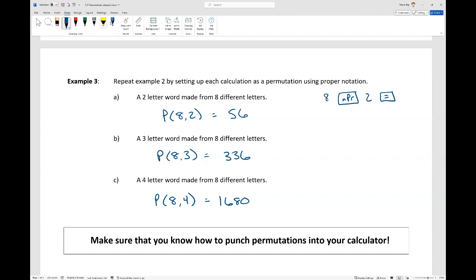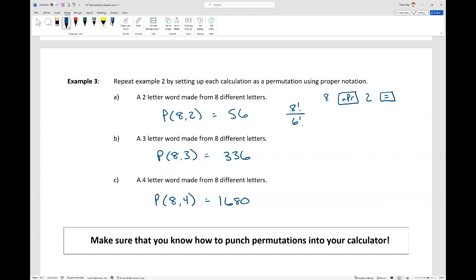Okay, if you want, out to the side, I can write down the other version of this. According to n pick r, that's n factorial, which in this case is 8 factorial. And on the bottom, we have (n minus r) factorial. So 8 minus 2 is 6 factorial. And again, a reminder that the 6 factorial on the bottom makes the 6, 5, 4, 3, 2, 1 go away from the above one.